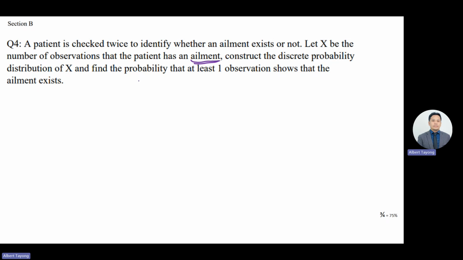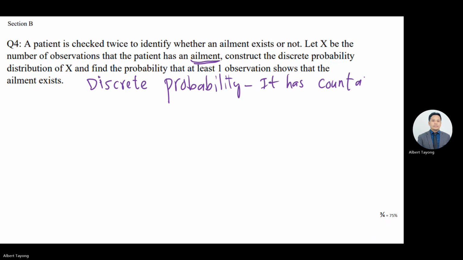Okay, discrete probability means we can count the total number of possible outcomes. It has countable or finite number of possible outcomes. That's the meaning of discrete. Here we can count, okay, twice.